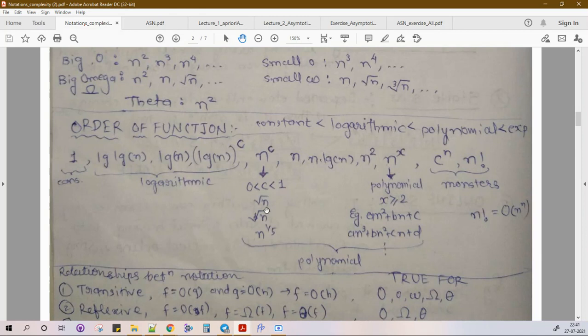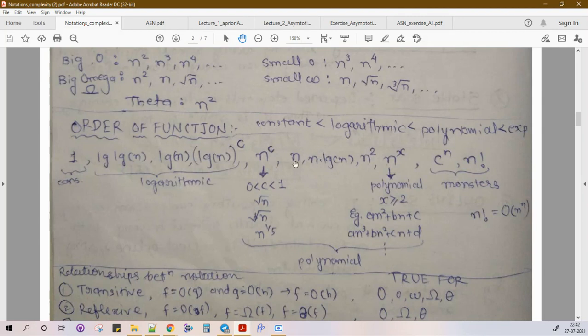So under root of n, cube root of n, or fifth root of n, 1 by 5 or 1 by 6, these take more time than logarithmic. As we go in the right hand direction, the complexity and the time it takes will be more.